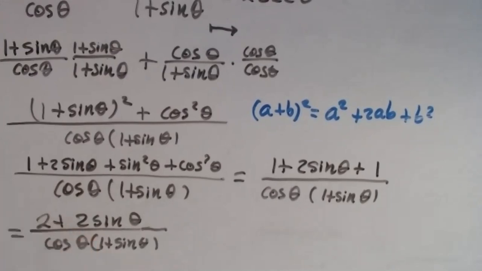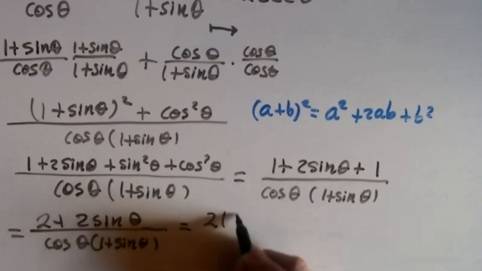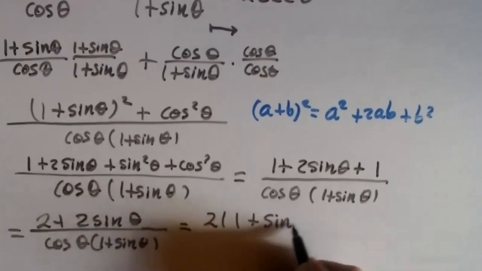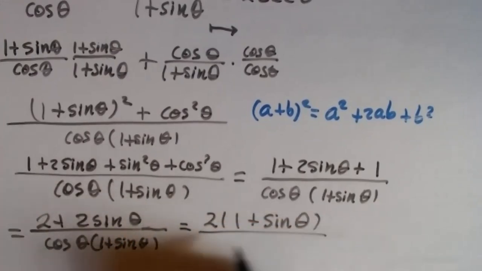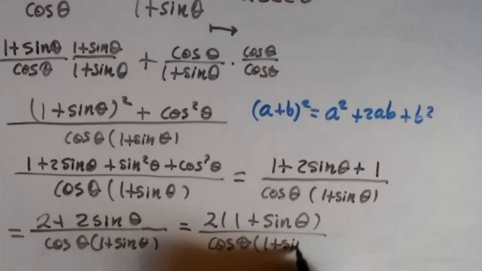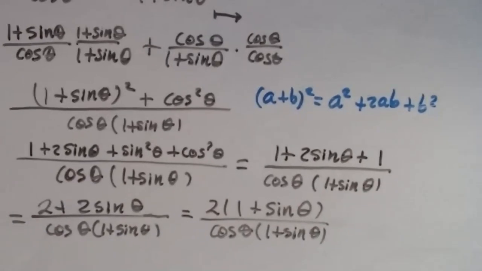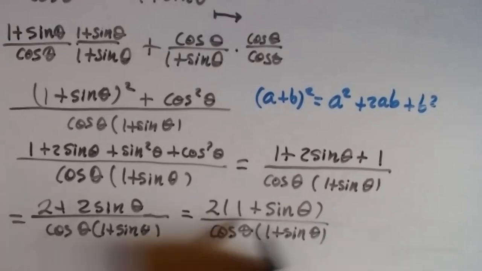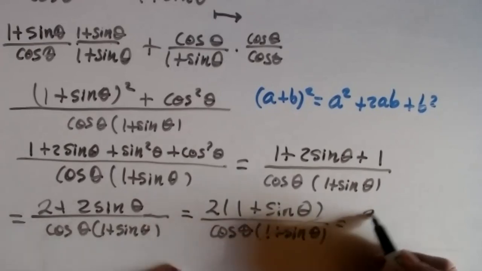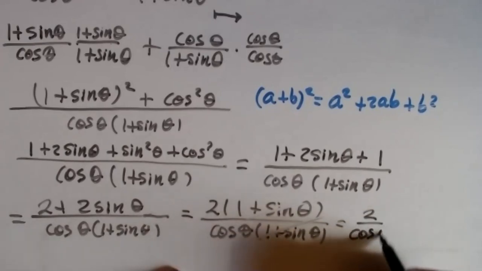So what I'm going to do is factor the 2. 2 times 1 plus sine theta over cosine theta, 1 plus sine theta. Okay, now, something to simplify over there? Something you can cancel out? 1 plus sine theta, this 2, correct? So this is 2 over cosine theta.